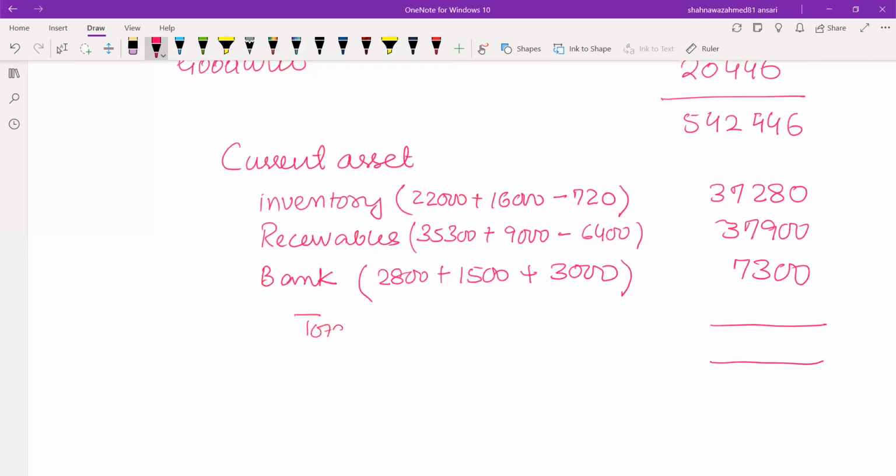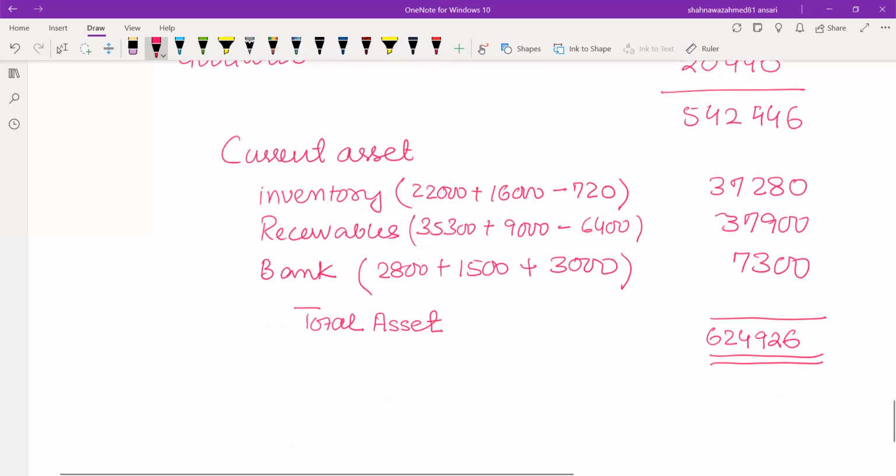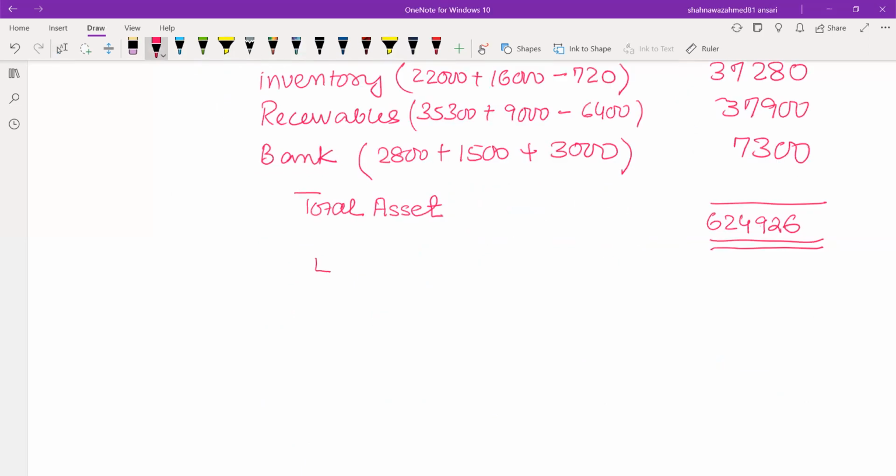So this is total asset. And it is 624,926. This is the total assets. Now, next one is equity and liabilities. So we have equity shares. Always disclose the parent company's equity shares. This is given in the question. Now, the consolidated retained earning working.